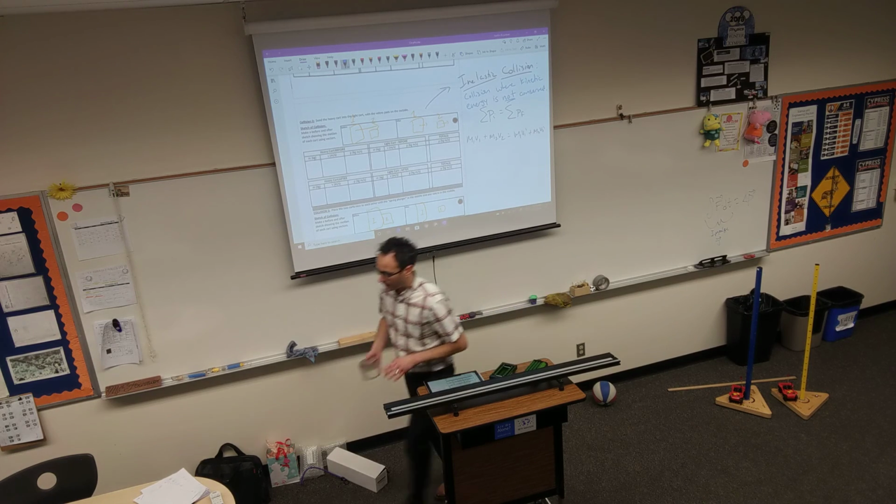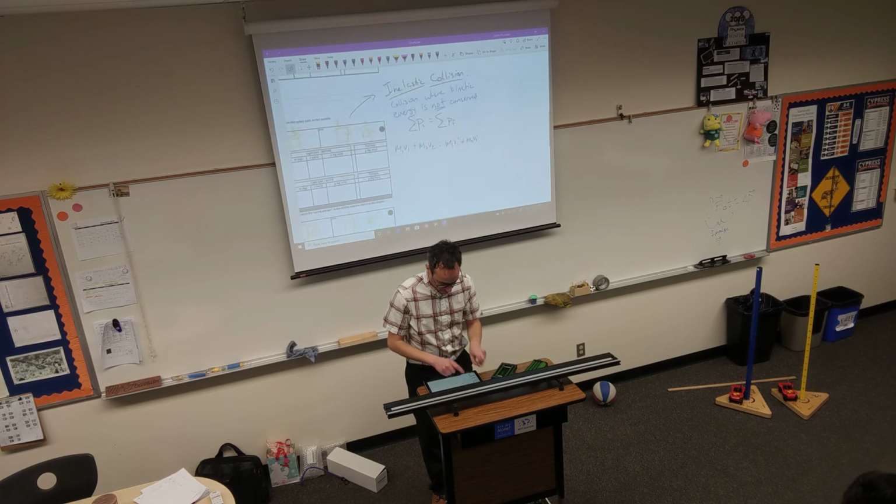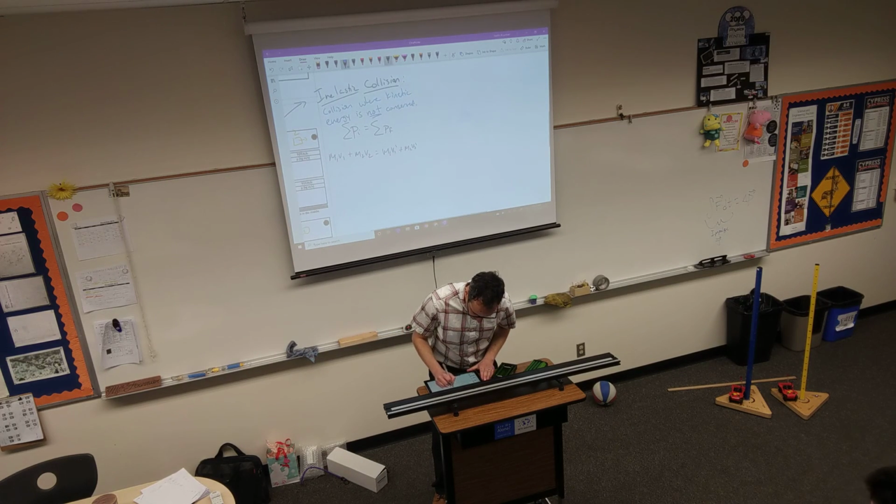Let's go into the other one. An elastic collision is a collision where kinetic energy is conserved.